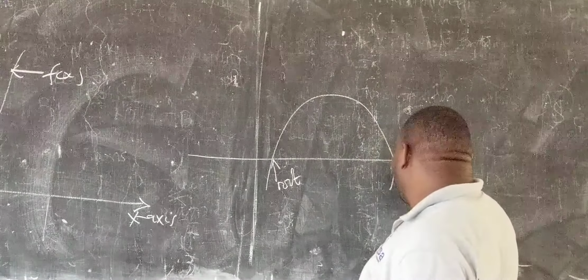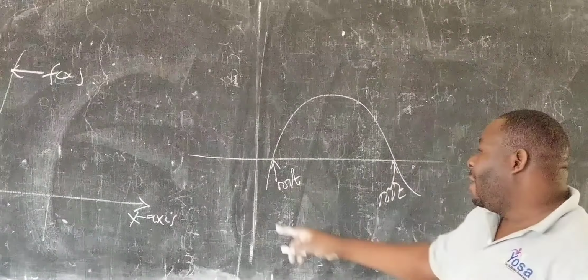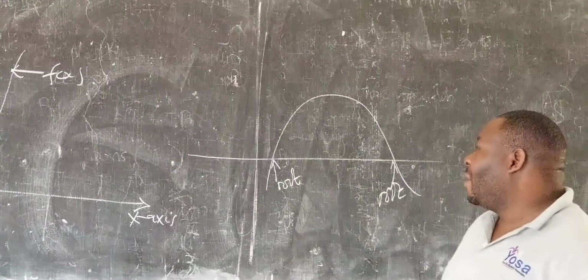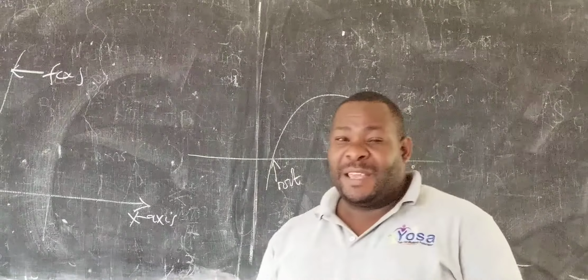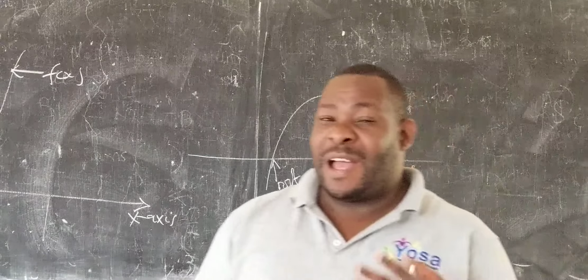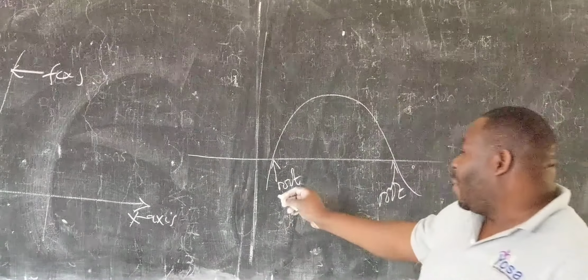Also, this one here will be a root of the equation, meaning that the equation has 2 roots. If it cuts the x-axis 3 times, it means that the equation has 3 roots. So wherever it cuts the x-axis, you come here and read the root.